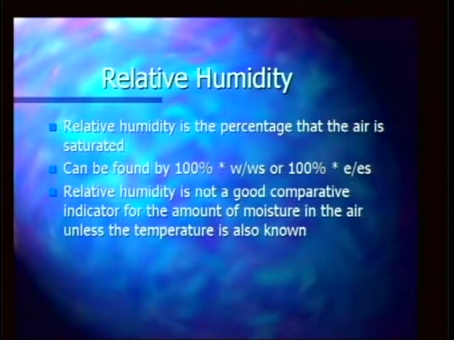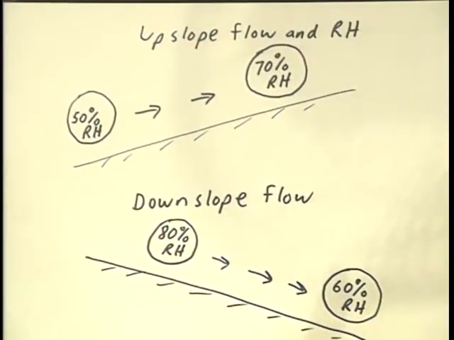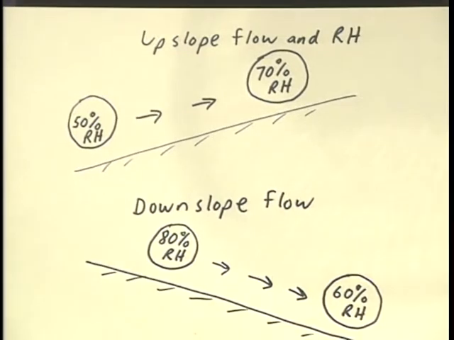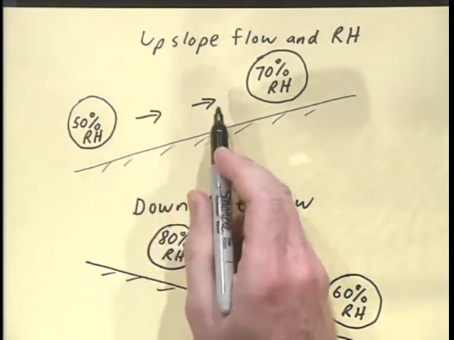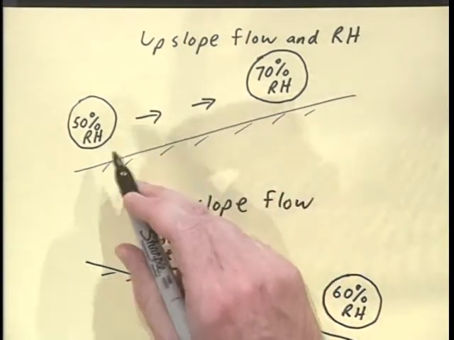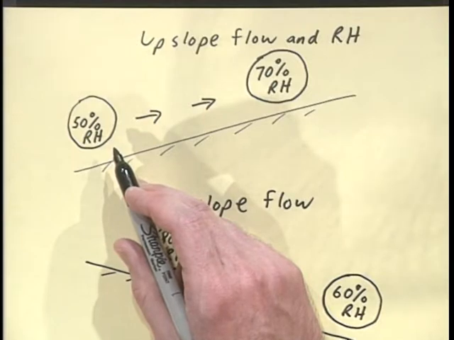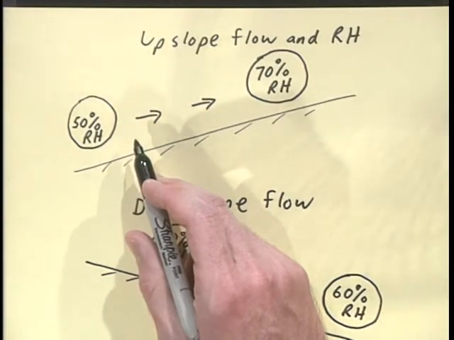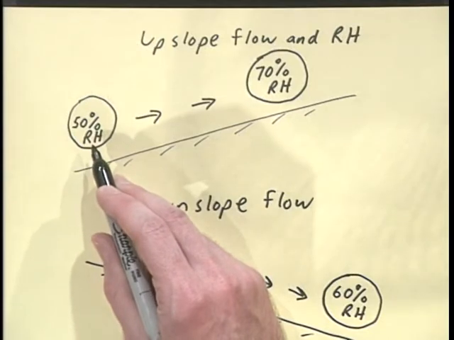On the overhead, we'll look at how the relative humidity of the air changes as it rises or sinks, looking at an example of upslope flow and downslope flow. When you have upslope flow, where a parcel of air is forced to rise, the temperature of this parcel of air is going to decrease. Since the temperature decreases, the dew point is going to be closer to the temperature and the relative humidity is going to increase. So our parcel of air here, for example, has a relative humidity of 50%.